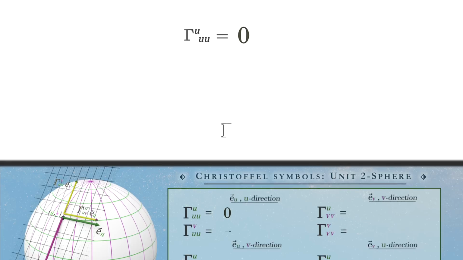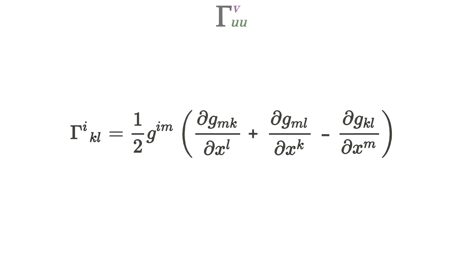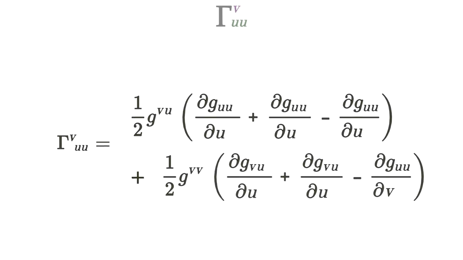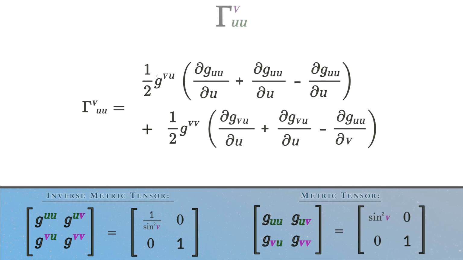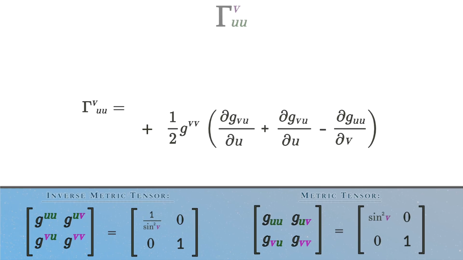Next, to calculate gamma^v_uu, we again bring up our general expression, and, looking for the i's in this equation, we replace them with v's. Then we replace the k's and l's with u's. Lastly, expanding out the m summation gives this expression. Again, since we know G^vu equals 0, this first term vanishes.